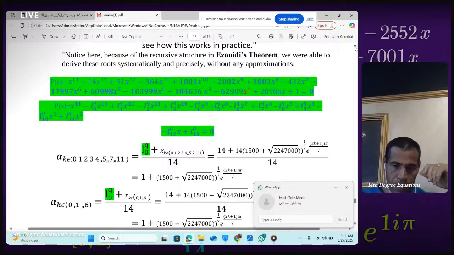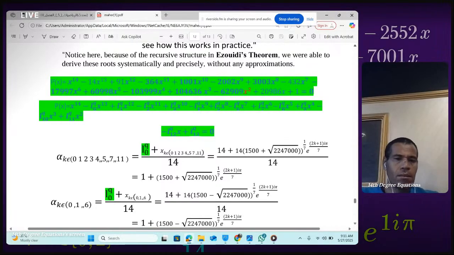The suggestion here is that Ezouidi's theorem, because it uses this different recursive transformation process, might provide exact solutions, possibly involving other functions like exponentials, as we see here, even for cases where a simple radical solution doesn't exist. It potentially sidesteps the limitations Abel identified for purely algebraic solutions. That's a really significant claim if it holds broadly. It is a very profound claim, yes. Needs rigorous examination, of course, but the potential is fascinating.